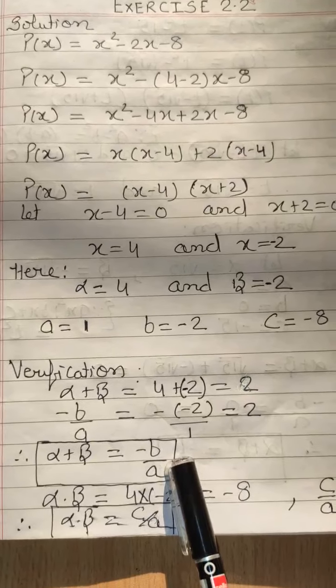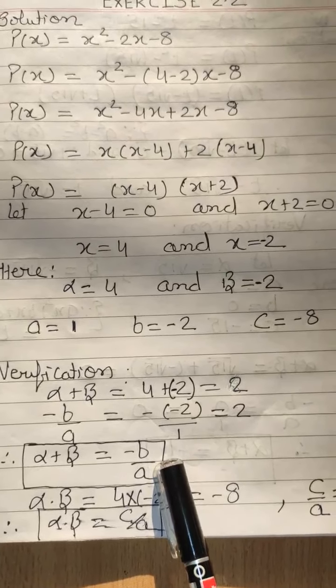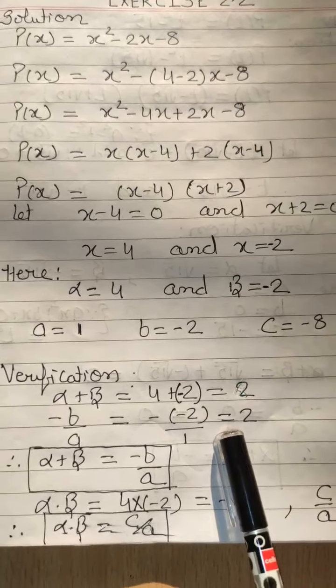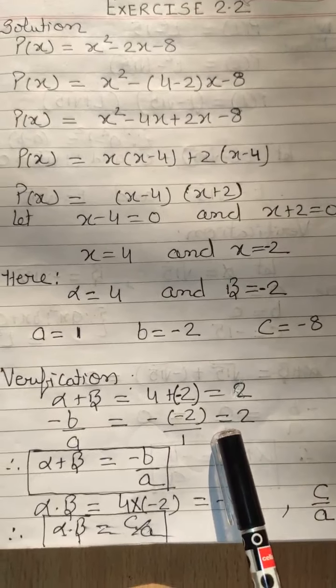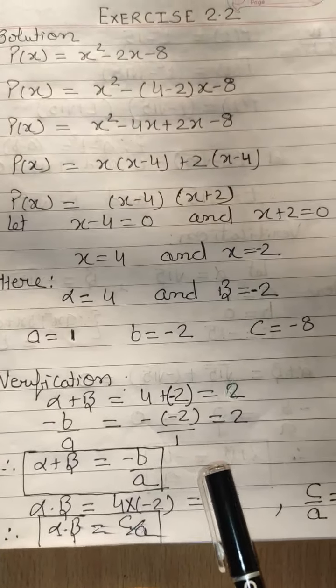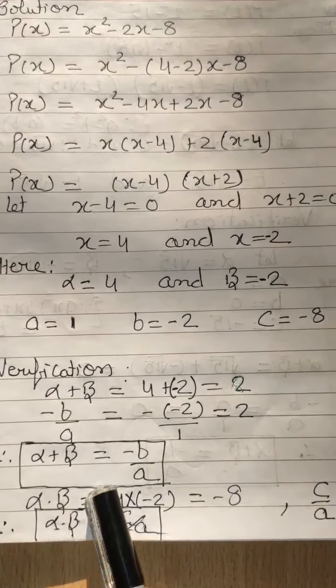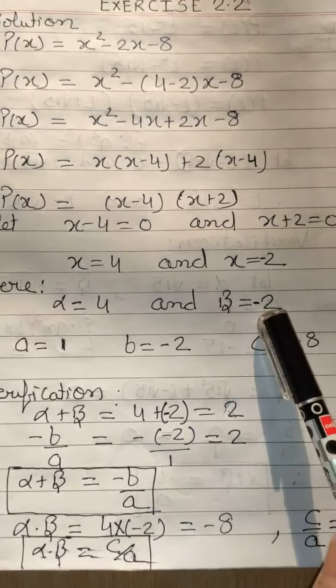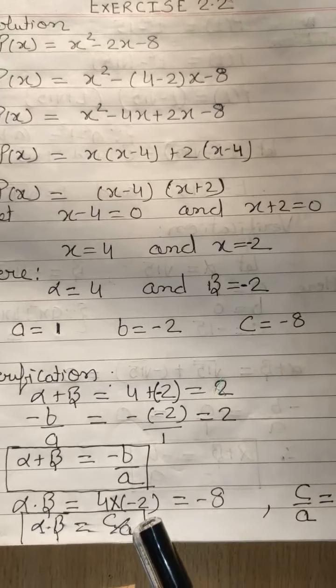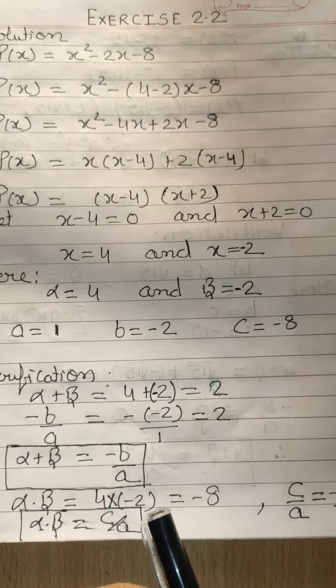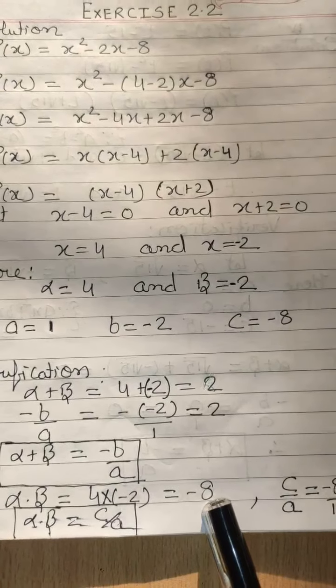The first relationship is verified. One more relationship is there between the zeros and the coefficients. What is the next? Product of zeros is equal to c upon a. So we will calculate the product of zeros, alpha into beta. What is the value of alpha? 4. What is the value of beta? -2. As we multiply 4 into -2, what are we getting? -8.